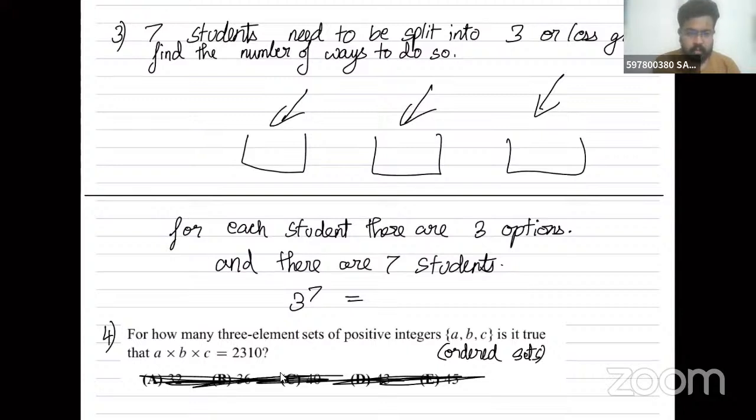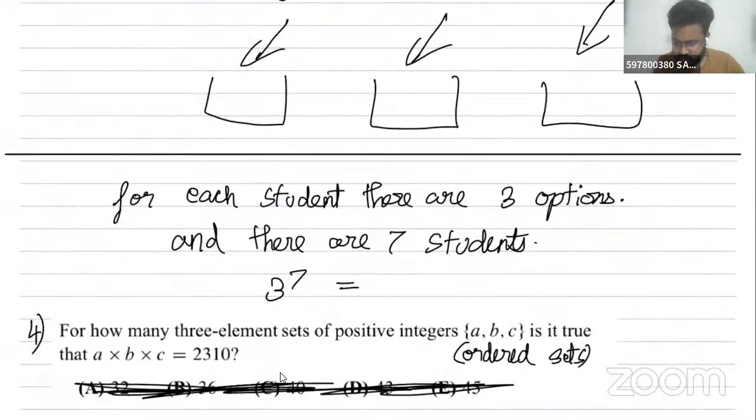So is my answer correct? I want ordered sets. For unordered sets, you'll get a different answer. Whatever answer you're giving is probably correct. Again, your answer is correct.